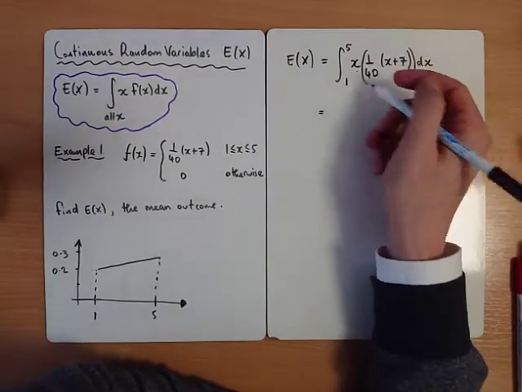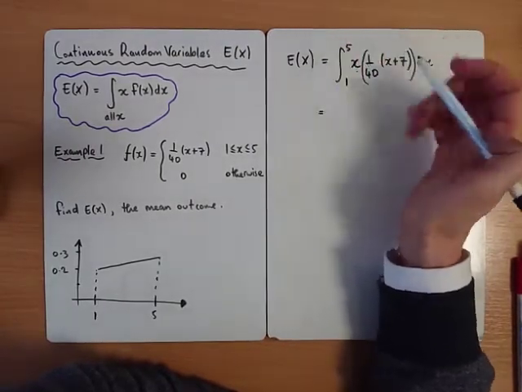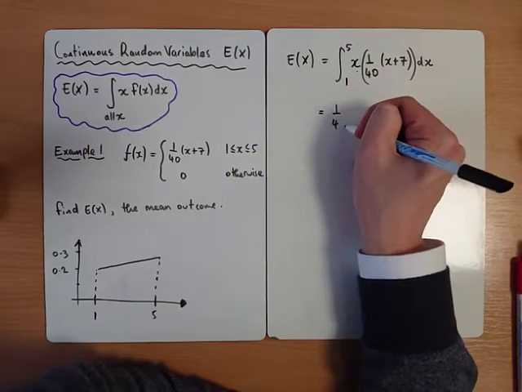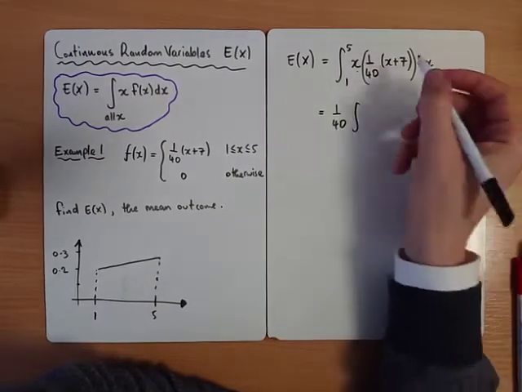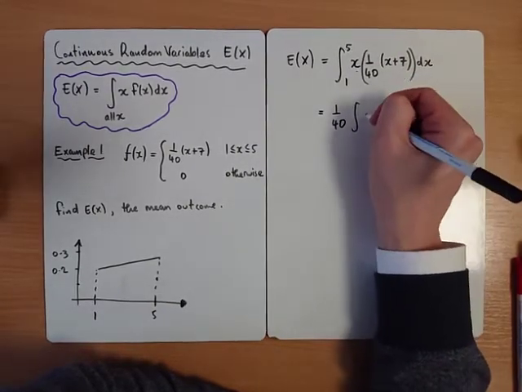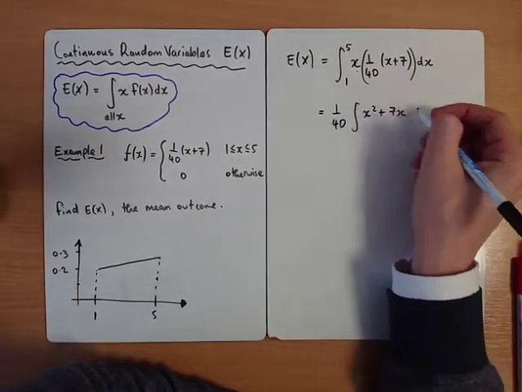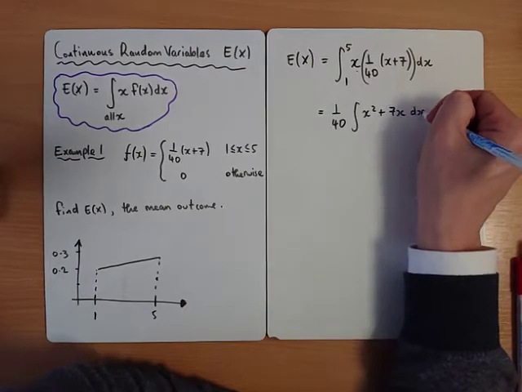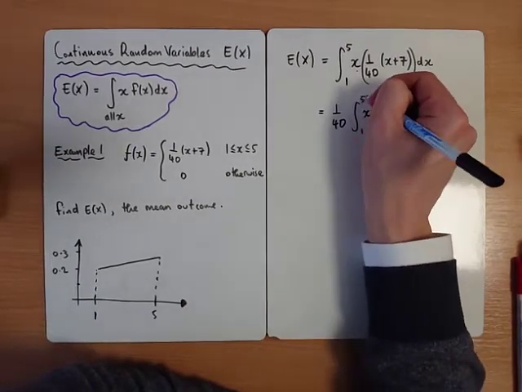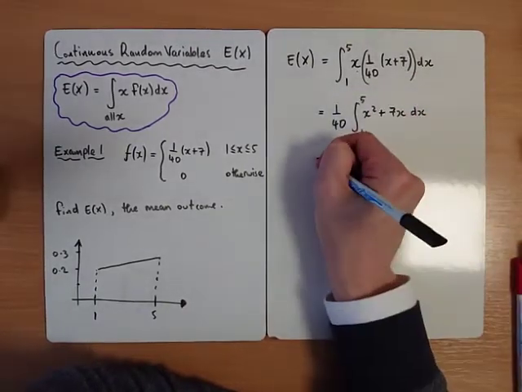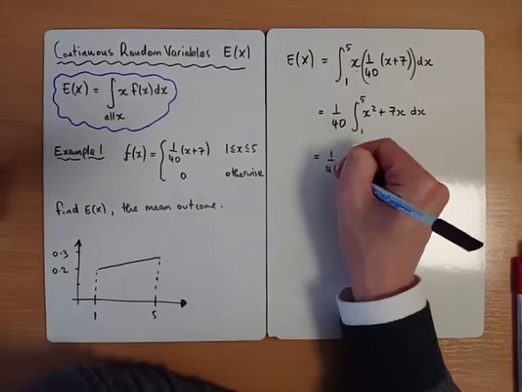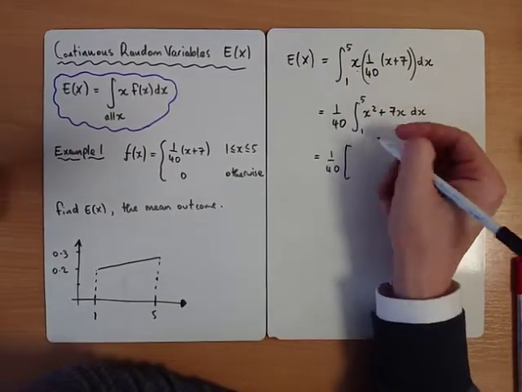So I'm going to integrate this. Because there's the 1 over 40, it's all times by 1 over 40. Just take that outside, get out of the way. And then we've got x times x plus 7. So I'm integrating x squared plus 7x. Remember, before you integrate, always get it into index form. Add 1 to the power.